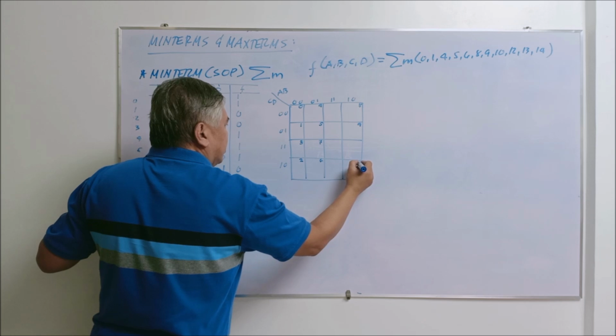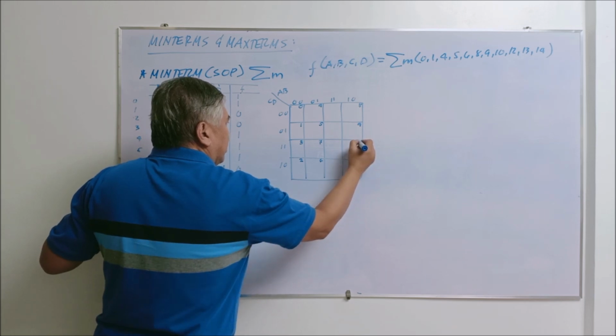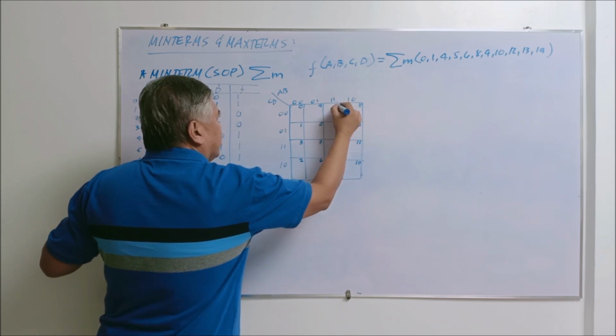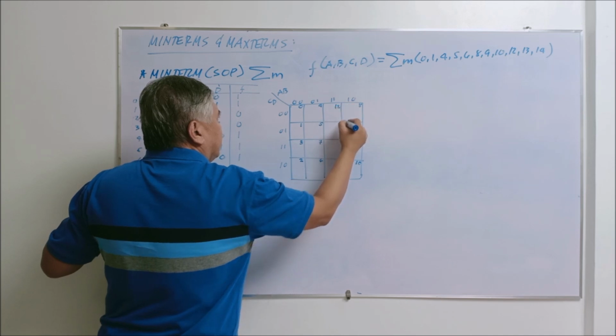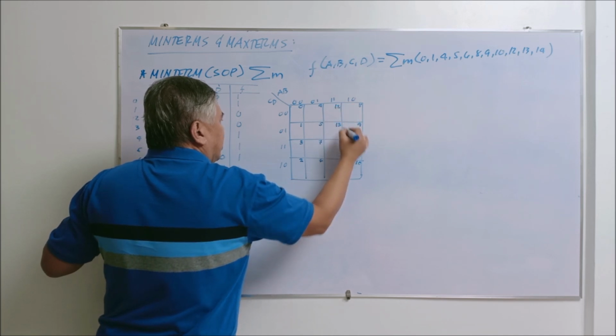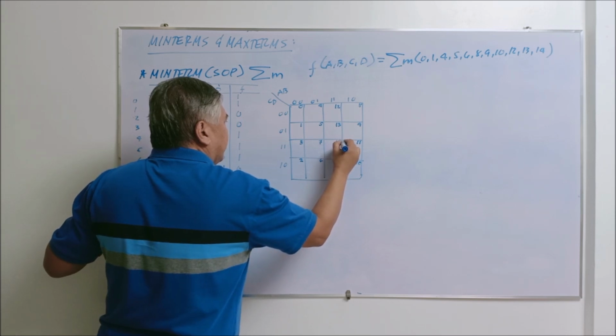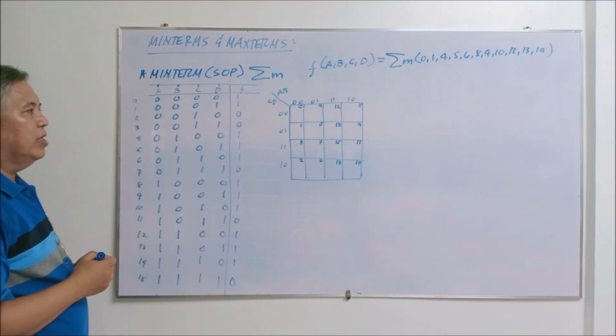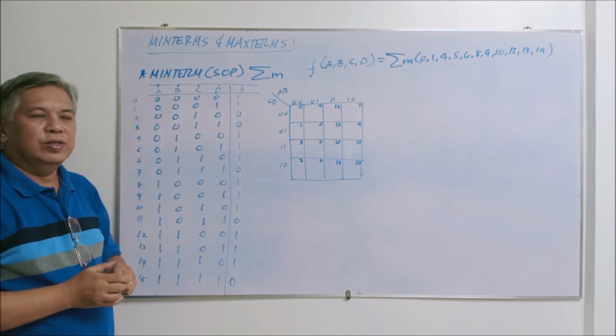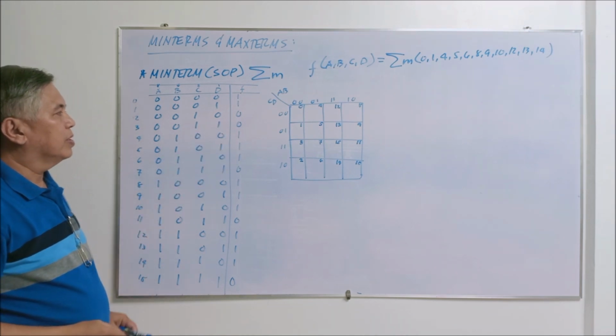Then down, 10, 11. Then go back to the center, 12, 13. Then go down, 14, and then 15. That will be the location of your cells.